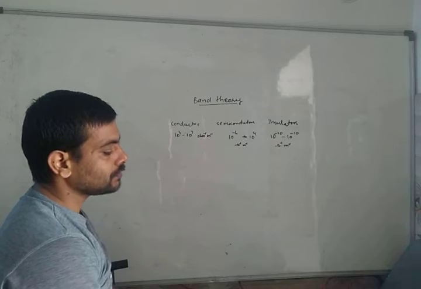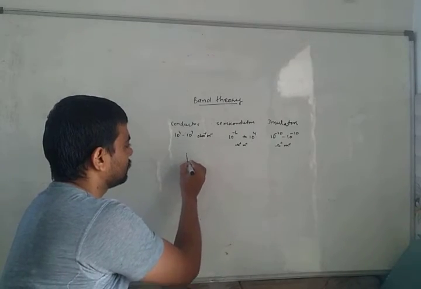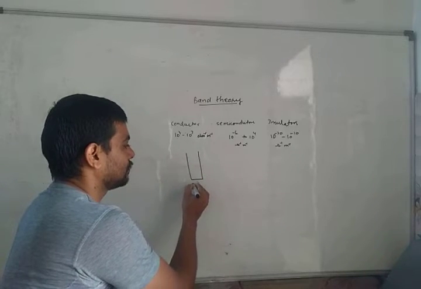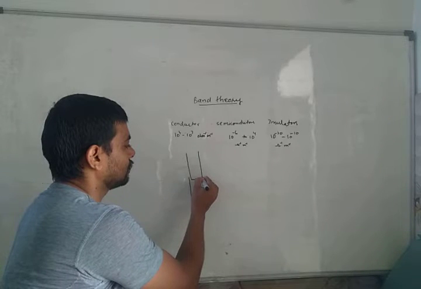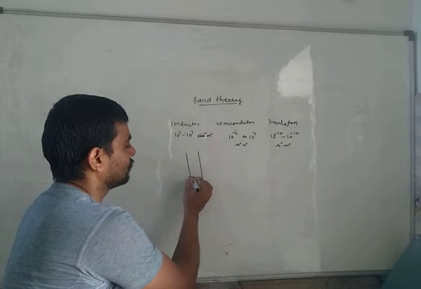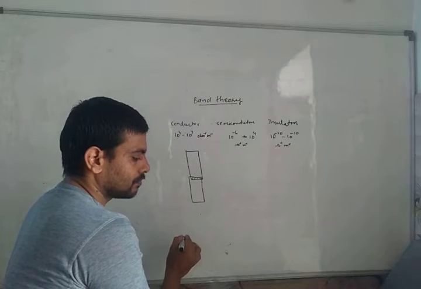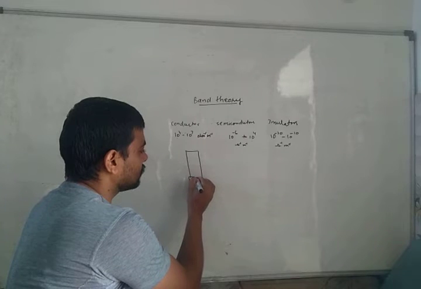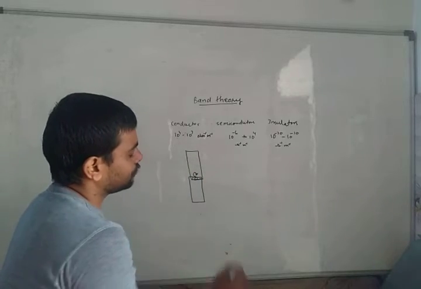Now in case of band theory, in a conductor the electron easily transmits from one layer to another layer.